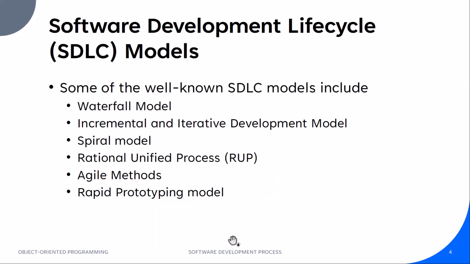Some of the well-known models include the waterfall model, the incremental and iterative development model, the spiral model, the rational unified process model, agile methods, and the rapid prototyping model. There are also other models geared towards more specific development types.